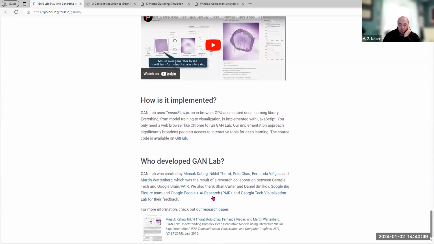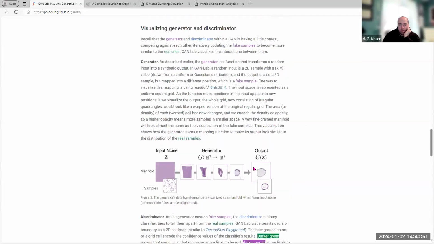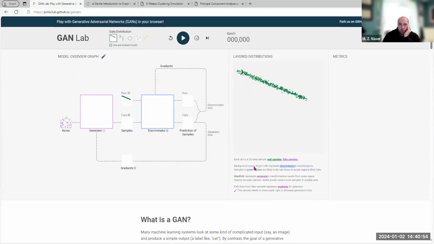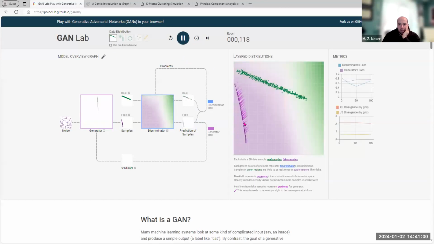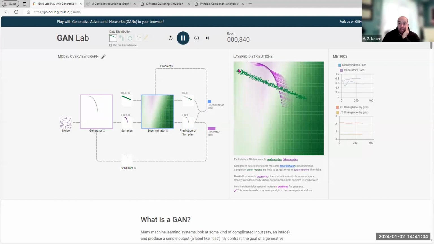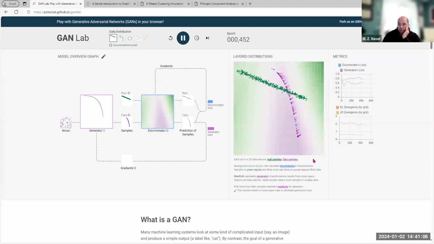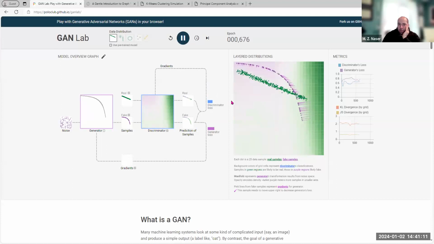For this one, you could say I have the first model, and I have this data that the second model is trying to mimic. After many iterations, you would see that they match.